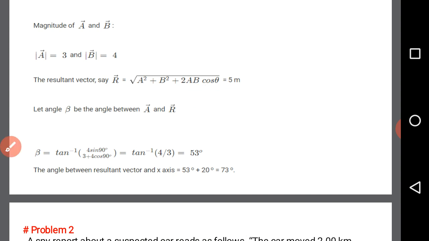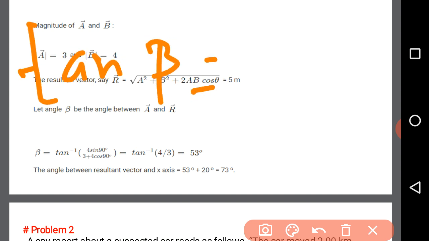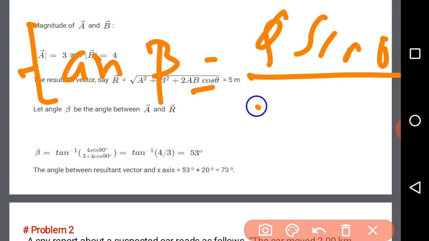Now the angle beta between A and R: the formula is tan alpha, or tan beta, you can take any notation, equal to Q sin theta upon P plus Q cos theta.